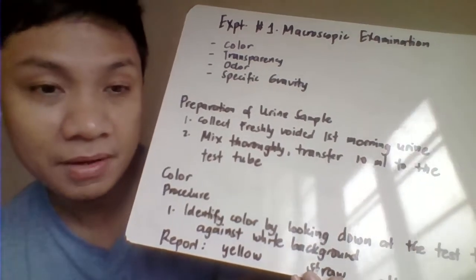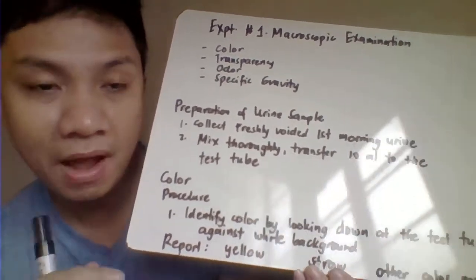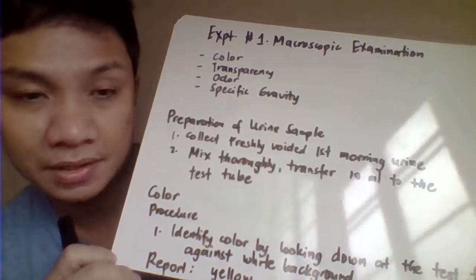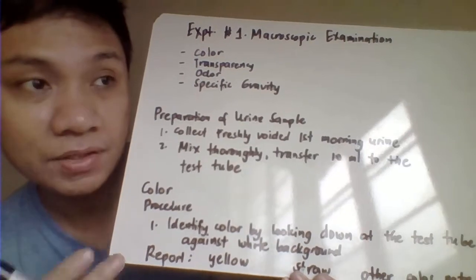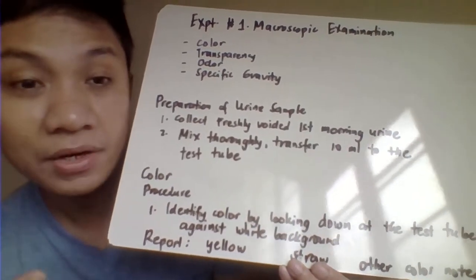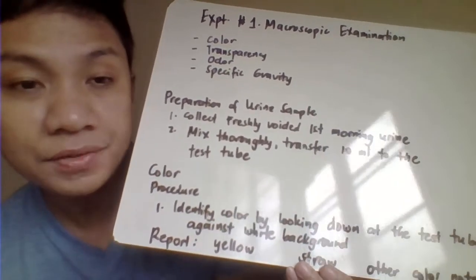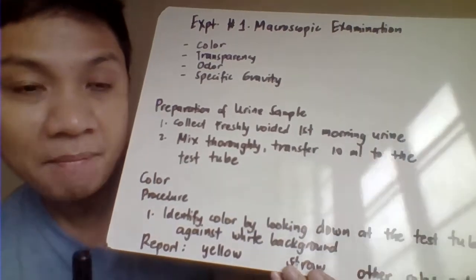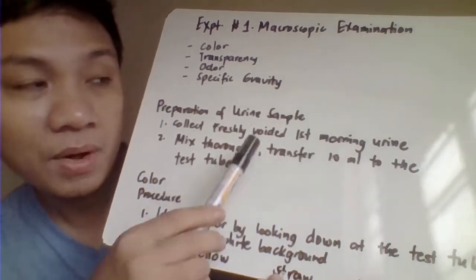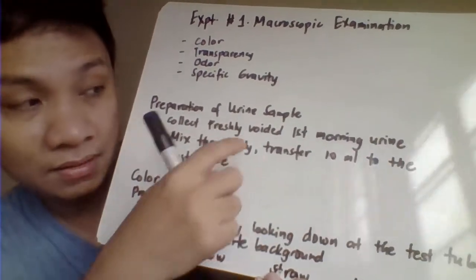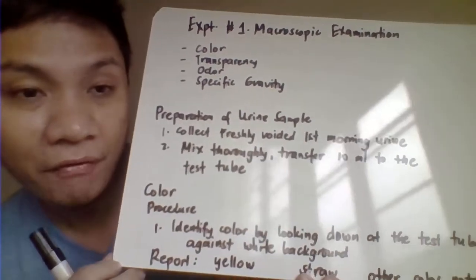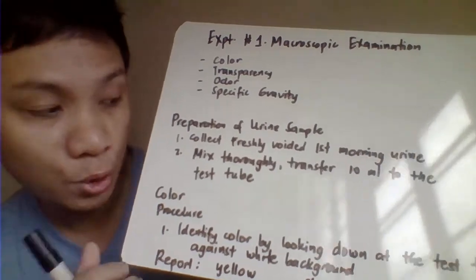Therefore, if you keep drinking and urinating, what you have is a diluted urine sample. A diluted urine sample would underestimate the true concentration of the analytes present in the urine. That's why we require the patient to at least submit the first morning urine for the routine urinalysis procedure.